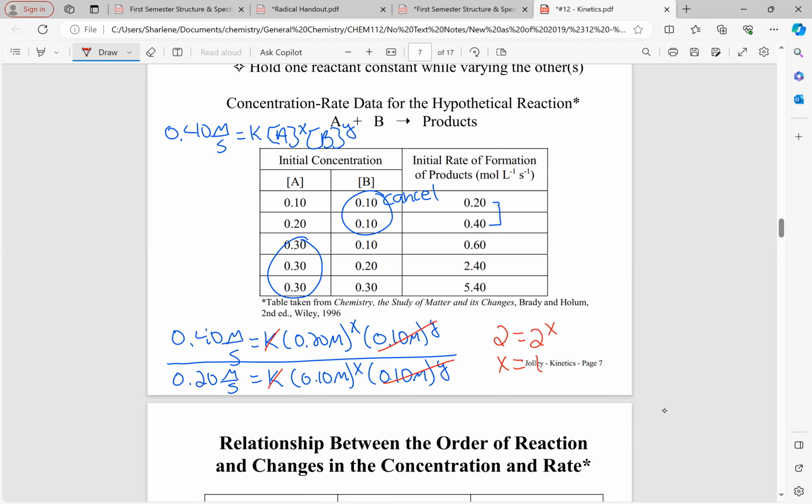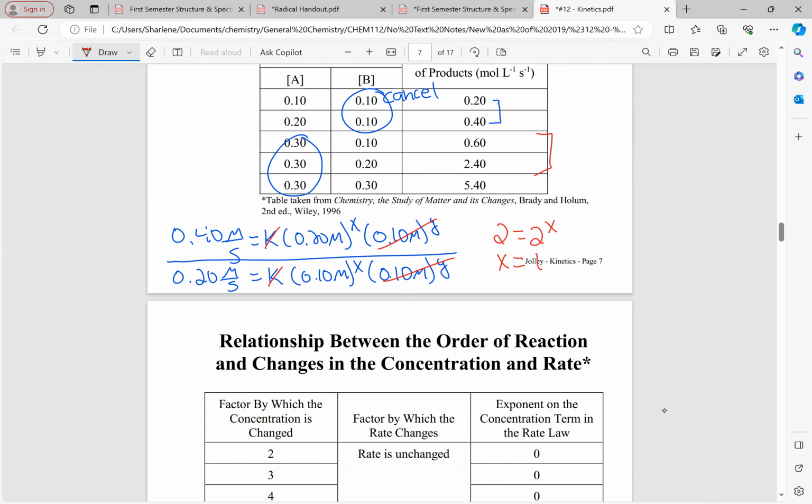Now I'm going to do the same thing, but cancel out A, okay? I'm going to cancel out this first section. So which two pieces? Let's just do those two pieces. All right, I'm just going to sneak down here onto the next page.